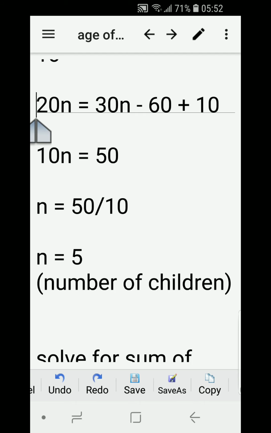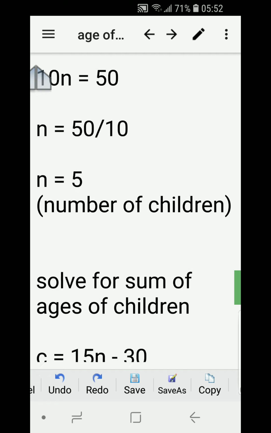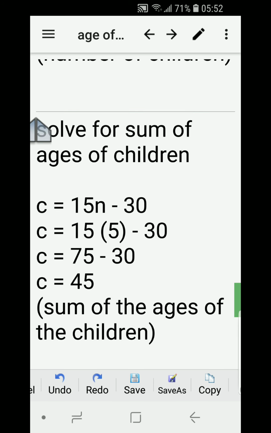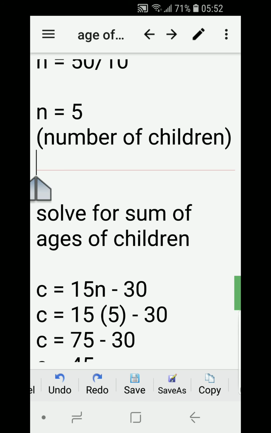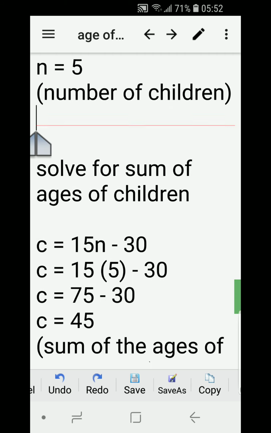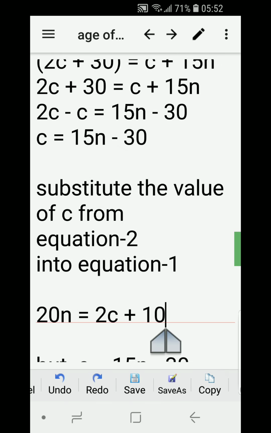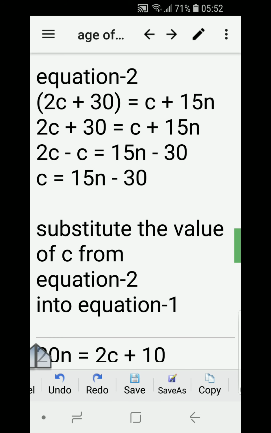However, we need to check and verify to make sure that we have the correct answer. So we solve for the sum of the ages of the children. c is equal to 15n minus 30, that equation we got from equation 2.